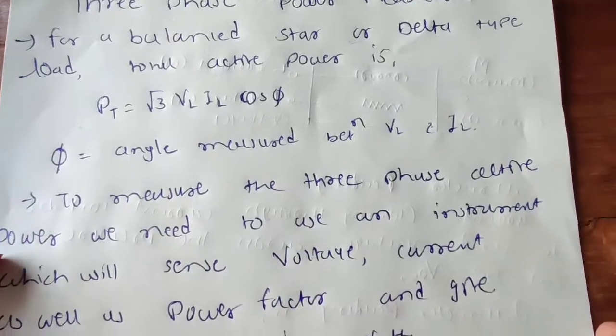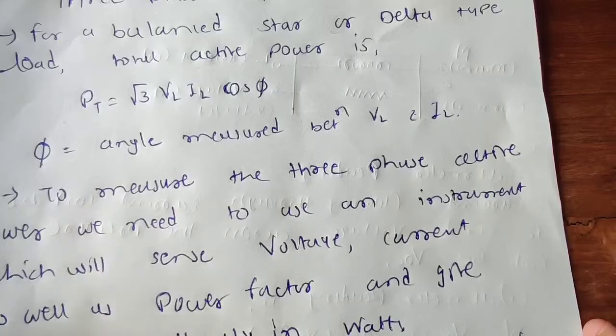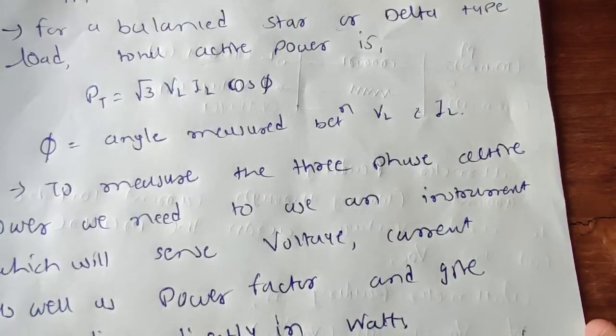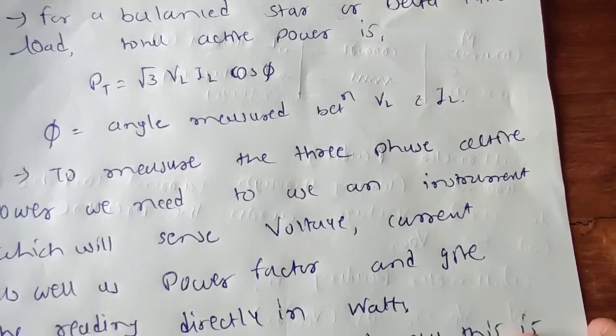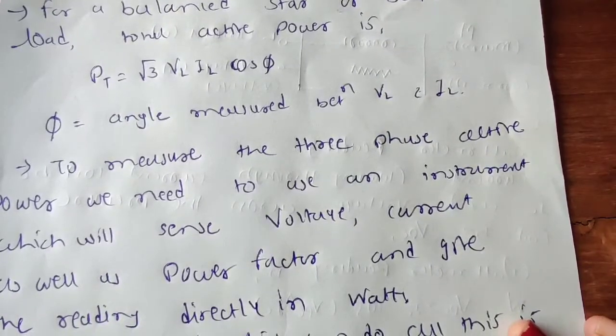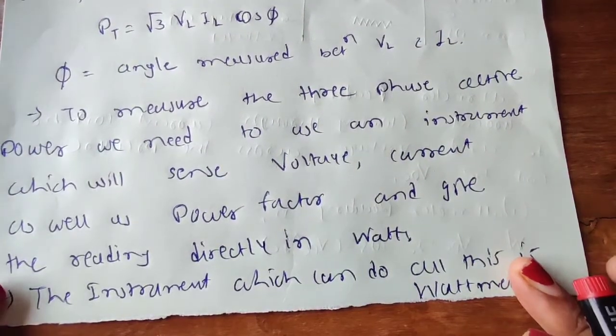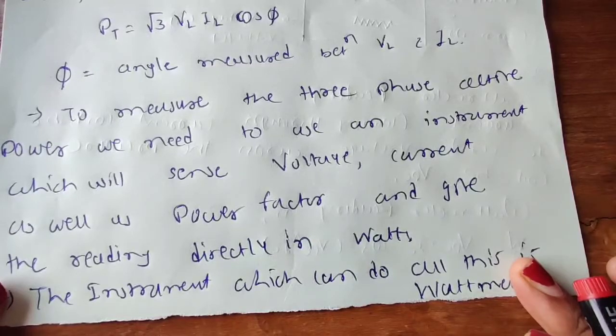So in order to measure the three-phase active power, we need an instrument which can sense voltage, current as well as power factor, and give the reading directly. The instrument we need to consider is the wattmeter.